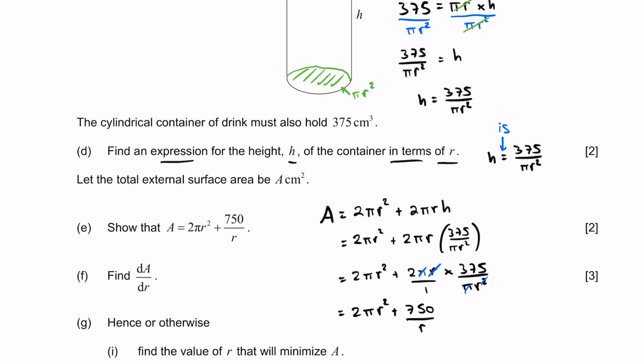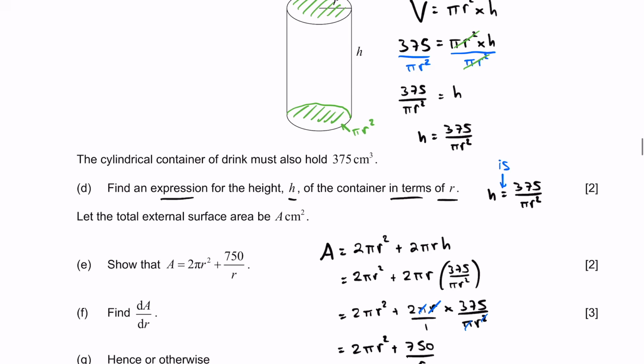I was going to potentially draw this part out. I'll show you what I was going to do. But I thought it might be a little too long of an explanation. So this is where we kind of left off: 375 over pi r squared over 1.